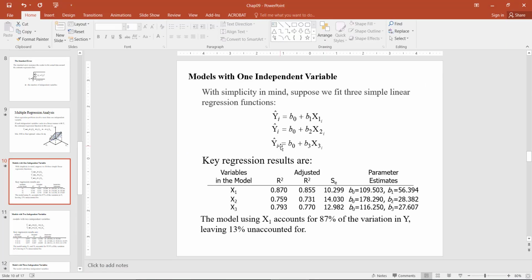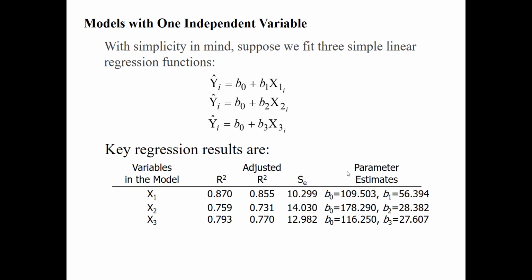So let's have a summary of what we discussed. When we have multiple parameters, we have to solve for each of the parameters. We have to get the model based on each of the parameters that we have, and then make the conclusion based on the adjusted R squared or standard error.